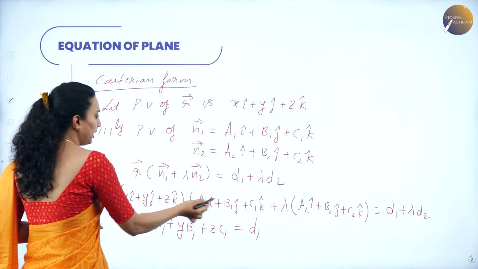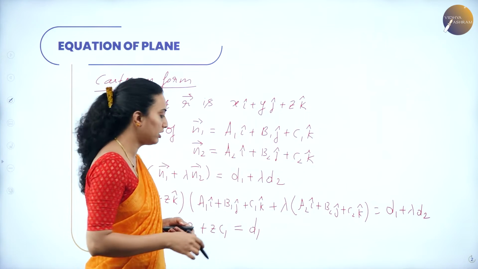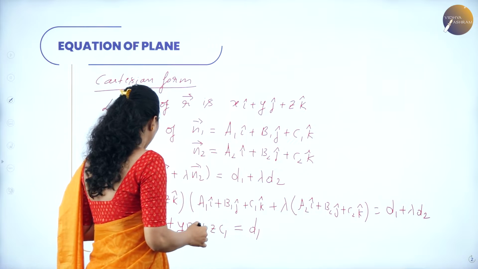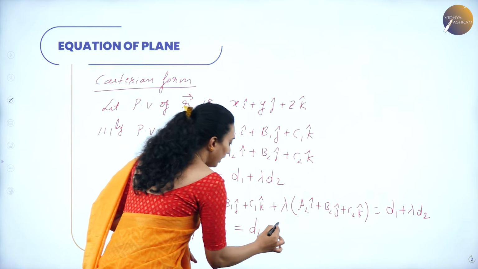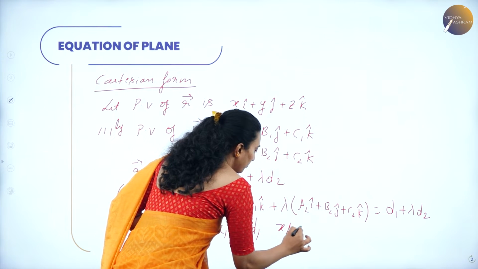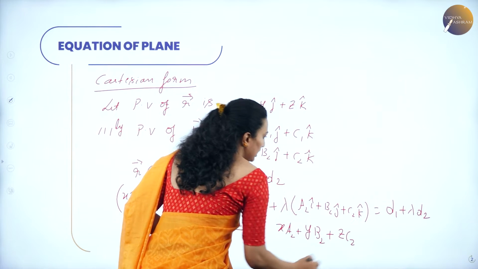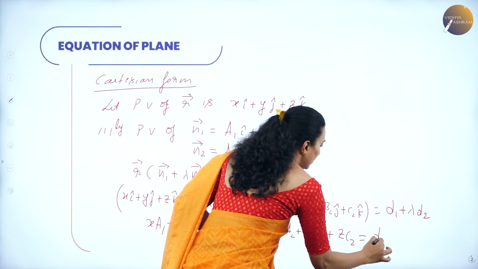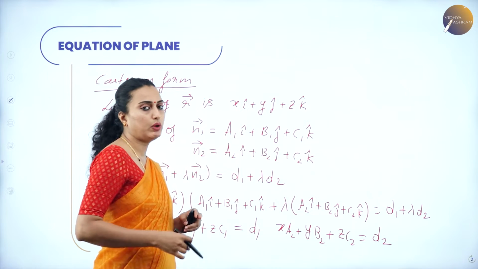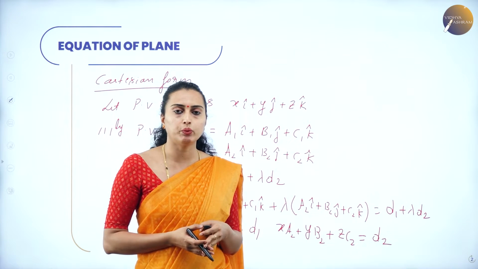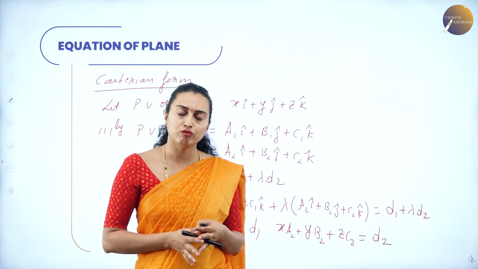Similarly, if you multiply with lambda, you can have x into a2 plus y into b2 plus z into c2 is equal to d2. So these two equations are going to be known as the equations of the Cartesian form.